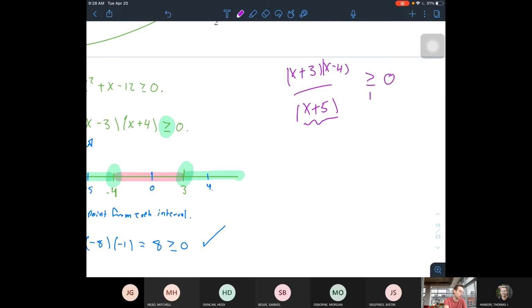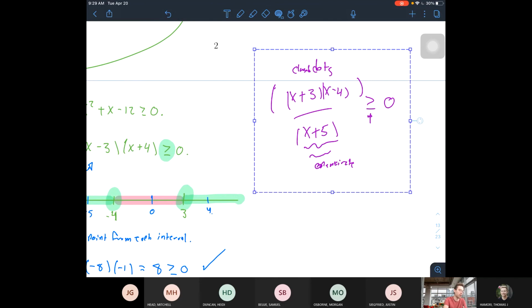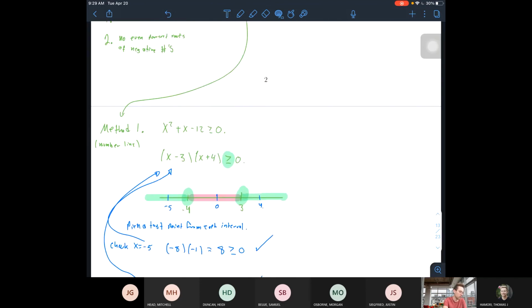If we had a larger than or equal to sign, then the ones on top got dots, and the one on the bottom got an open circle. If we had a larger than sign, then everything gets an open circle. So this method was also used for solving rational inequalities. Of course, we don't have a rational inequality here. I just wanted to make a note of that.